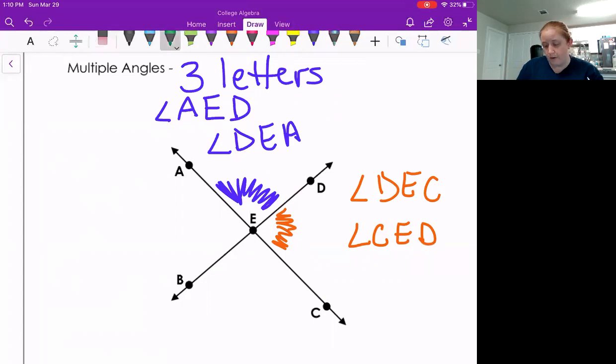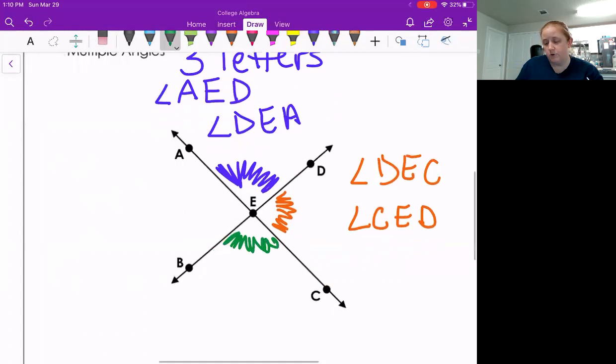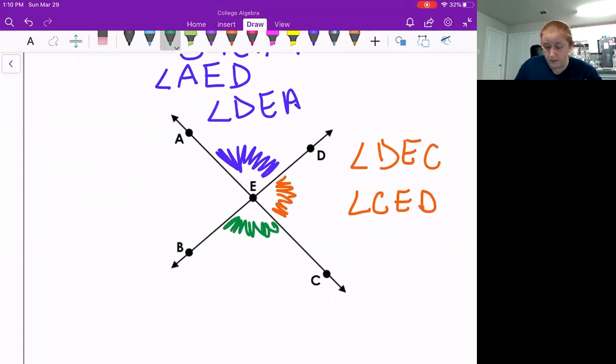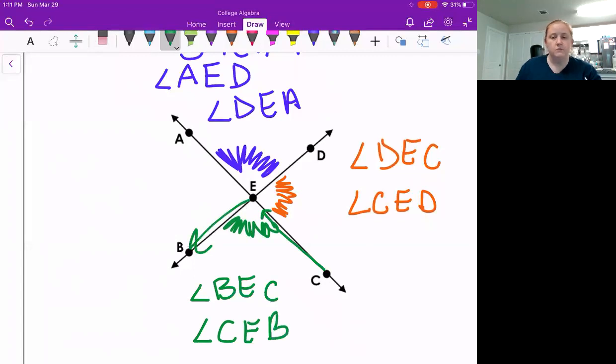Now, if we do the bottom space down here, similar idea. If I start at, let's say, B this time, so angle B, follow it back to E, and then back out to C. There's one angle. If I choose the other direction, start at C, so angle C, then we hit point E, and then follow it back out to B. So there's my way for the bottom space.